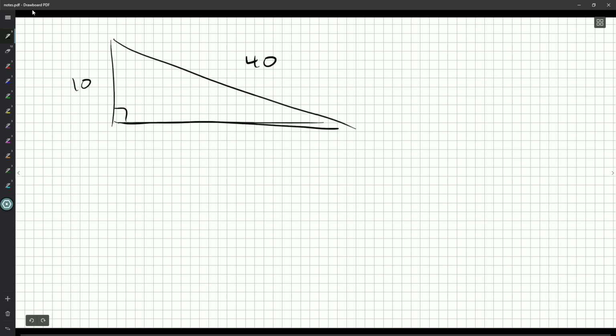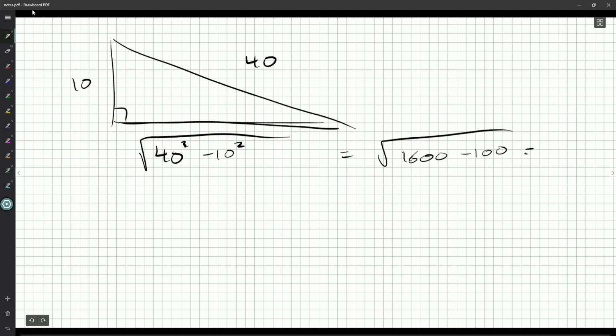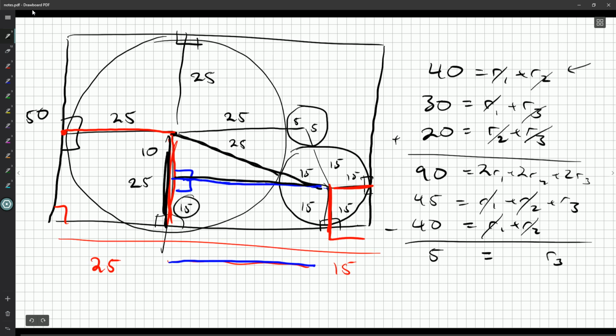So we just do a little Pythagorean theorem. 40 squared minus 10 squared, and we square root it to get this side. We get 1600 minus 100, so the square root of 1500. So going back over here, the missing blue distance is the square root of 1500, which is 10 times the square root of 15.